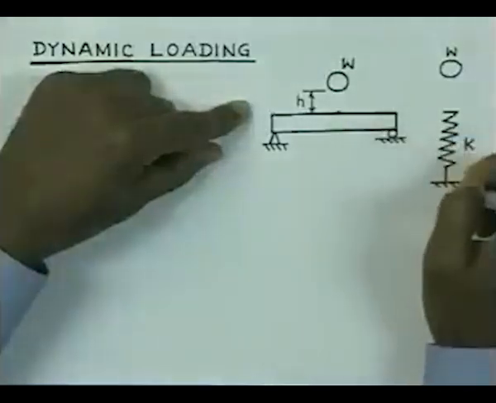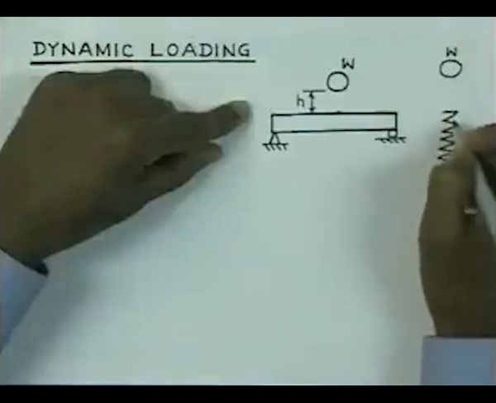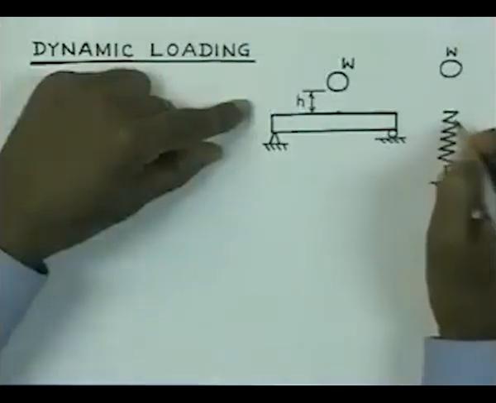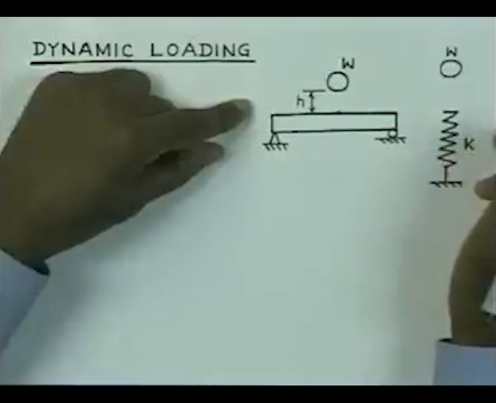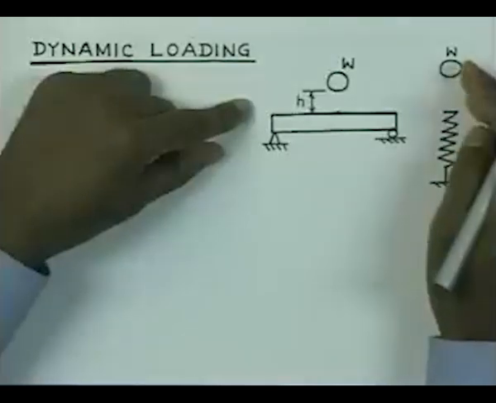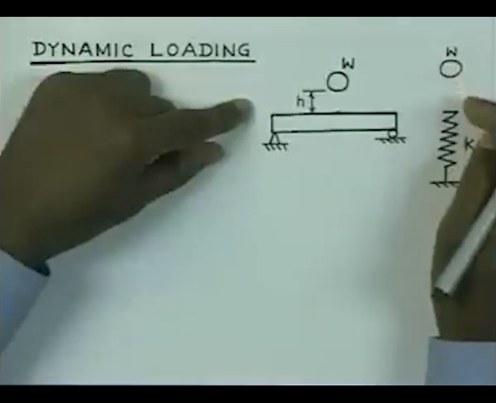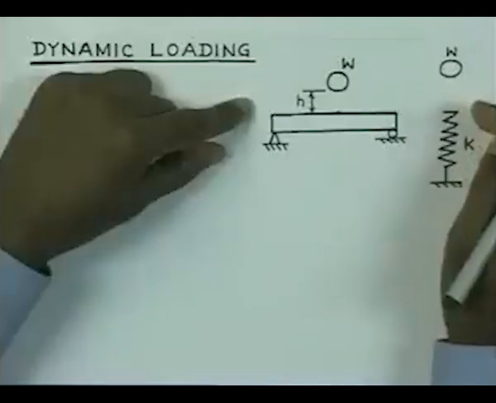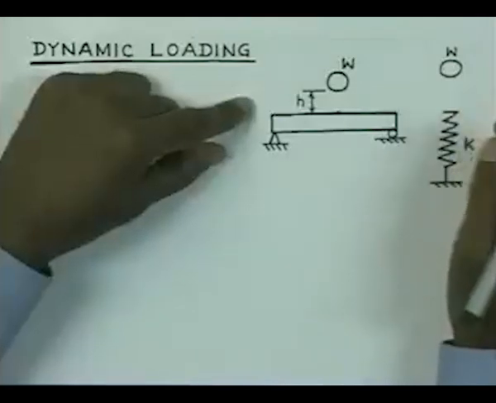Similarly, if you have a spring here, if the weight is dropped from a height, then in that case the deformation that you are going to see in the spring is going to be different from what you would see if the same load is applied quasi-statically or gradually. In the case of quasi-static application, you apply the load in small steps, and you allow the material to reach equilibrium at every stage of loading, and finally you arrive at the final loading.